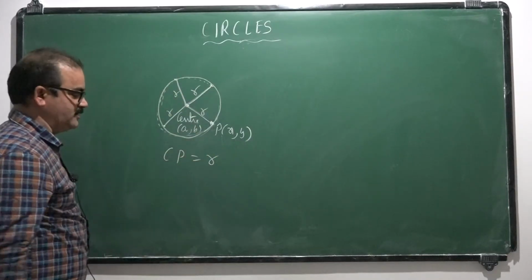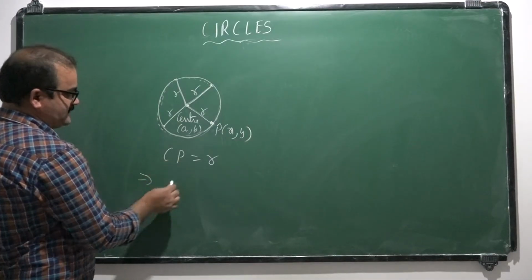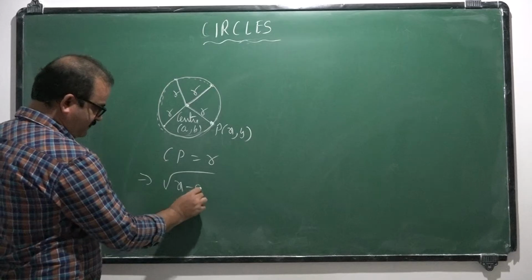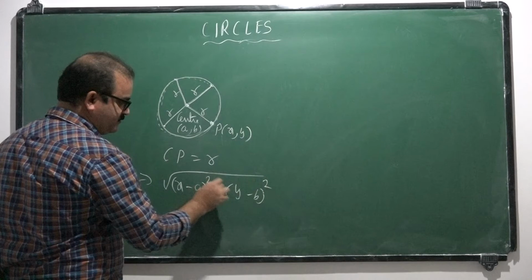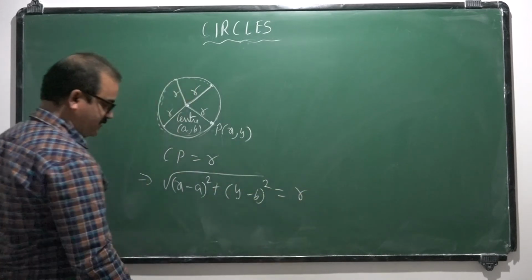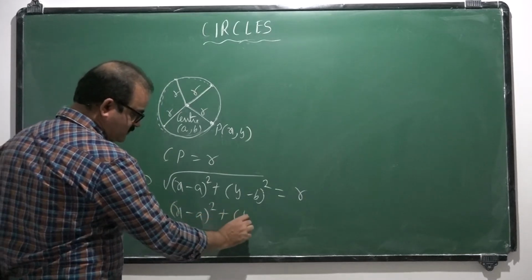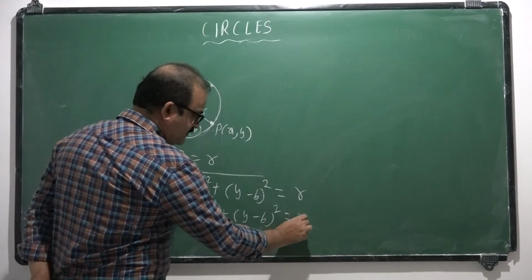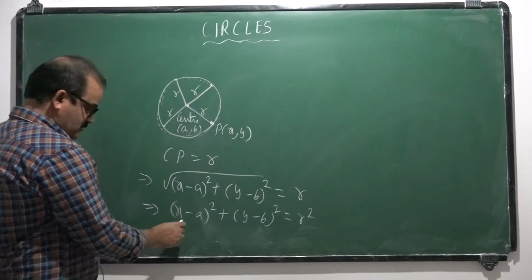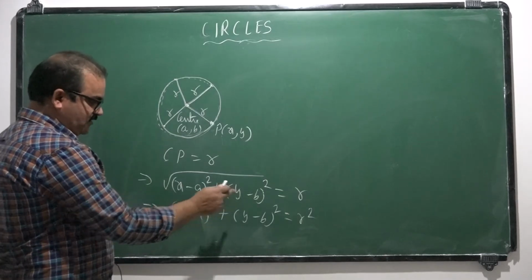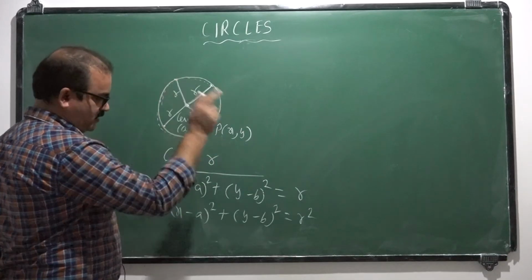CP is equal to r. What is the distance between these two points C and P? The root of (x minus a) whole square plus (y minus b) whole square is equal to r. Now squaring on both sides, we get (x minus a) whole square plus (y minus b) whole square is equal to r square. This is the equation of the circle with the center (a, b) and radius r.